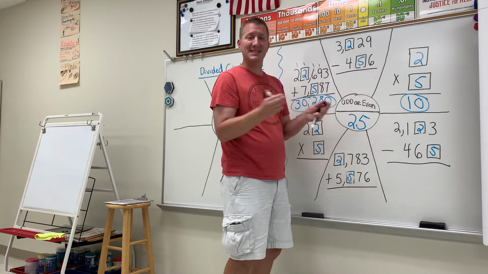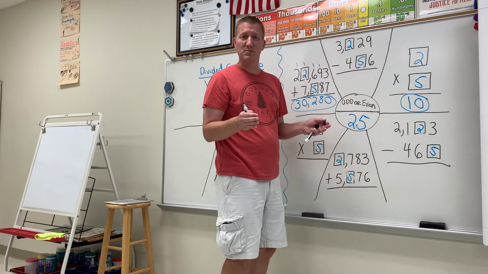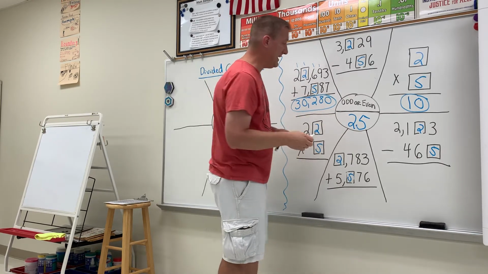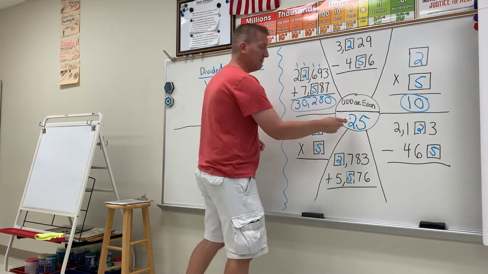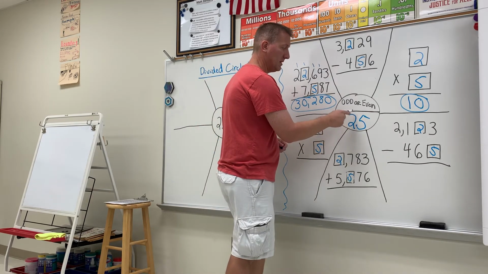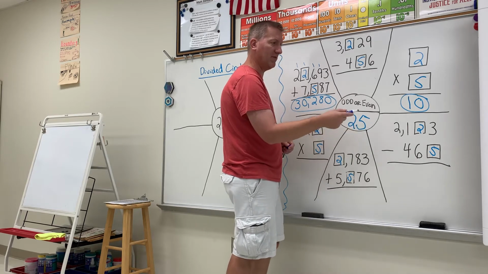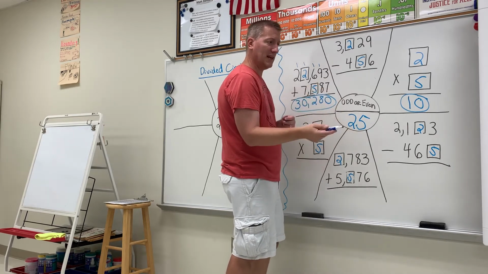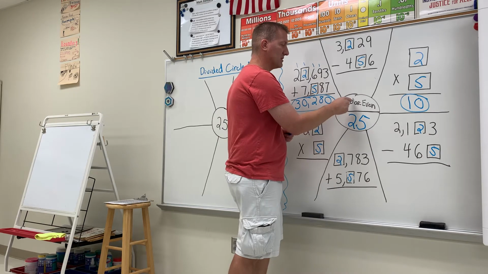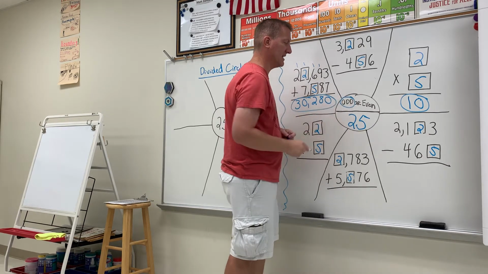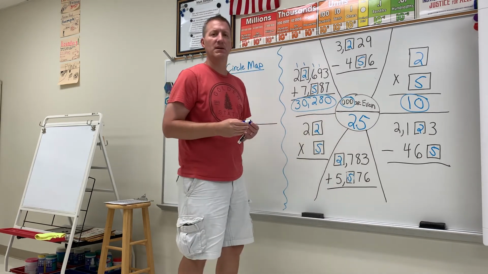If you can separate them into two equal groups, then it's going to be even. 25, you can't, because it's going to be 13 and 12, or 14 and 11. They're not equal groups, so 25 is an odd number.